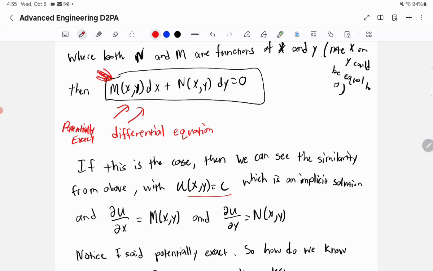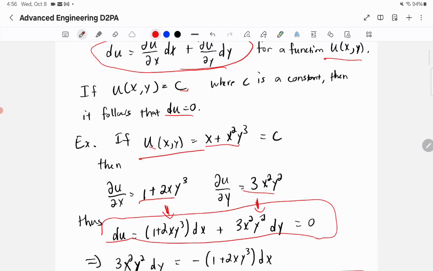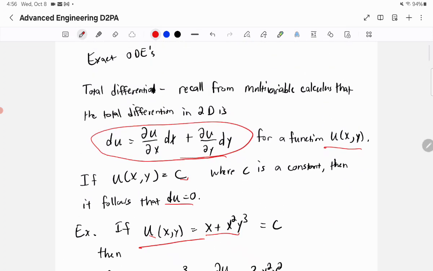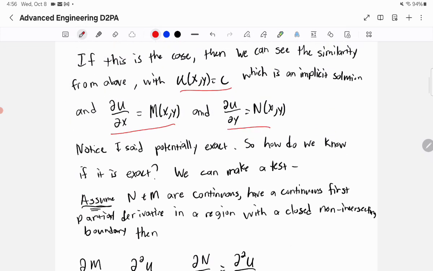Well, first of all, we know that u has to be equal to c because of this 0 over here. That tells us that u must be equal to some constant, which is again useful for our purposes. And we set du/dx equal to M(x,y). This obviously is du/dx here. We set du/dy equal to N(x,y).